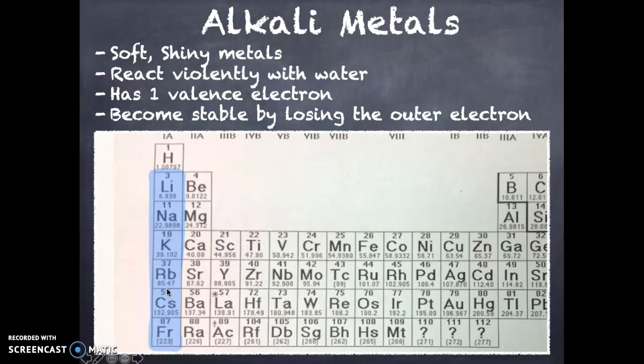But because they're not stable, they do want to react with each other. This group in particular wants to react by getting rid of that one valence electron, allowing it to have a full outer shell.